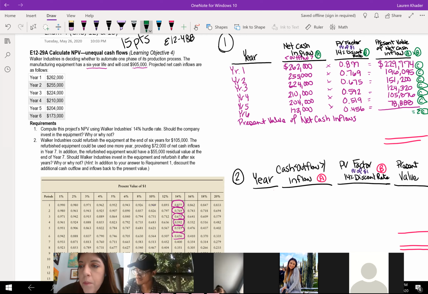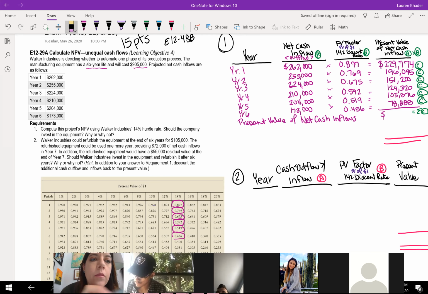So the sum of C, the present value of the net cash inflows, or the sum of those six amounts equals what amount? Is it 886,153? Correct. 886,153 is the present value of the net cash inflows.